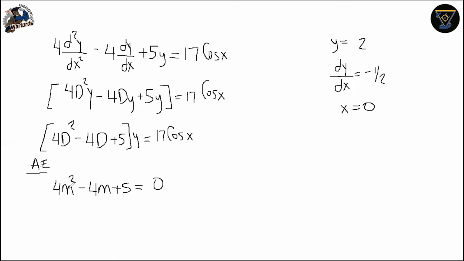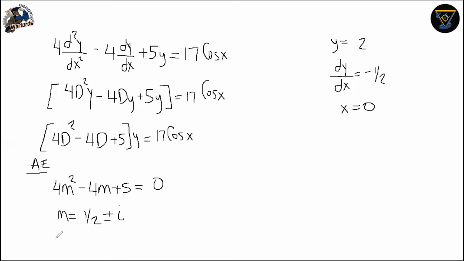Can this factorize? 4 times 5 is 20, and we need two numbers that when you add them, you get minus 4. No, that can't factorize. You have to use the formula. So m is equal to a half plus or minus i.